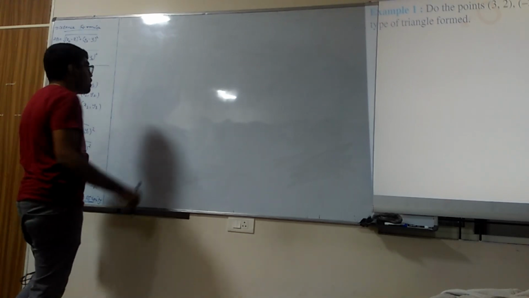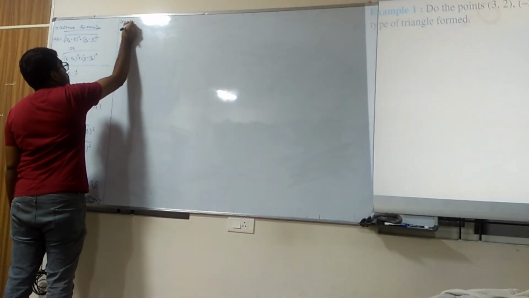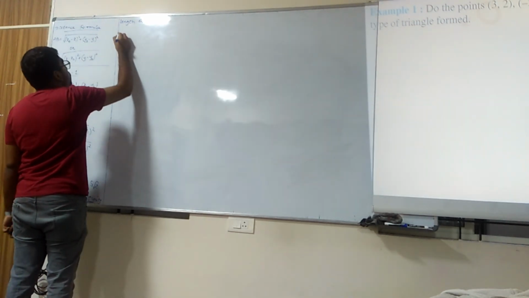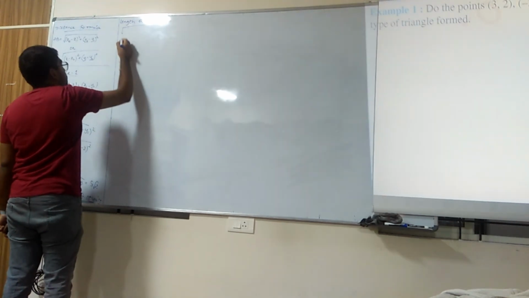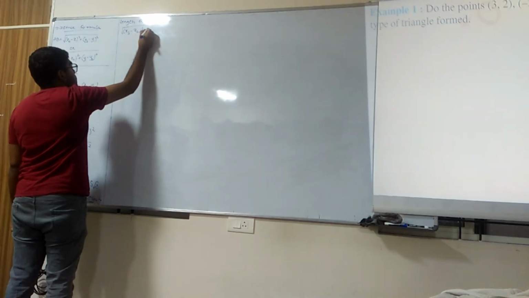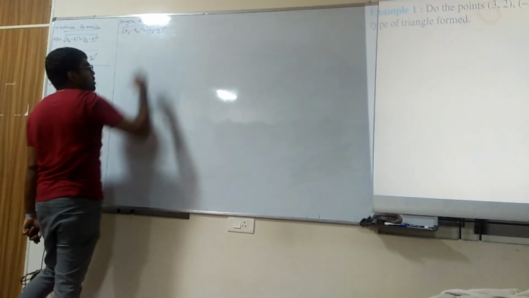Now, let me find the length of QR. Length of QR will be equal to root of x3 minus x2 the whole square plus y3 minus y2 the whole square.